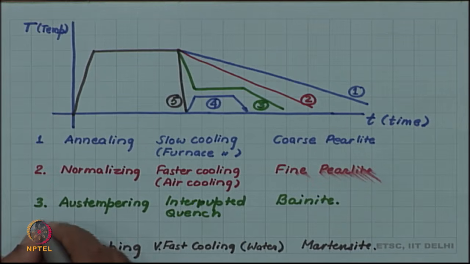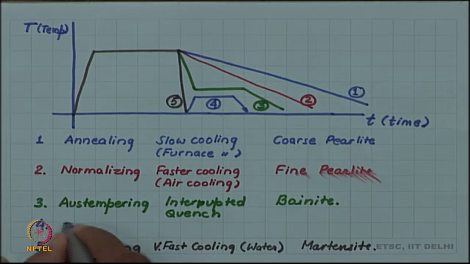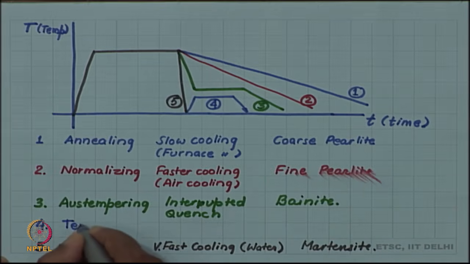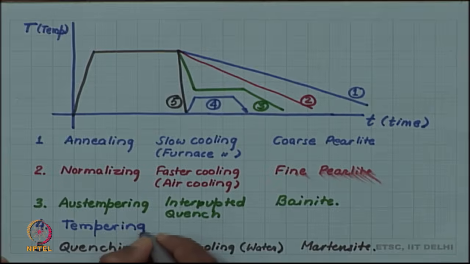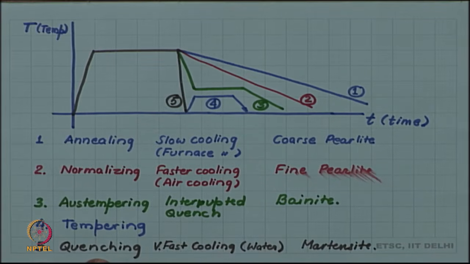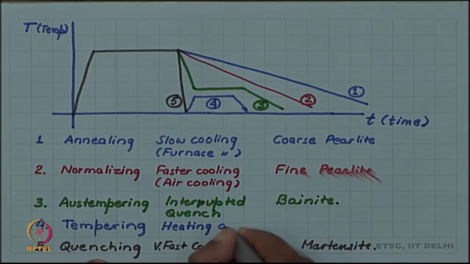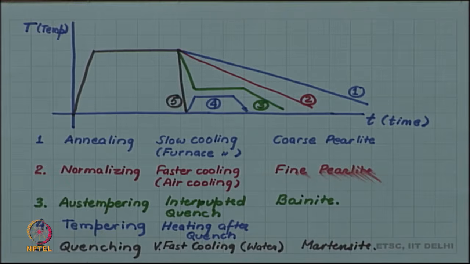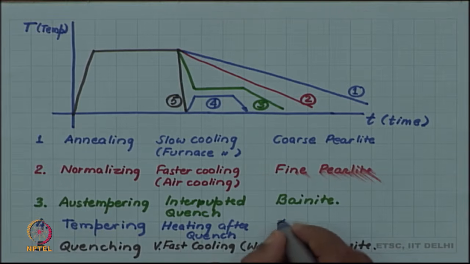So, this is 4, tempering. This is heating after quench, and this gives you tempered martensite.